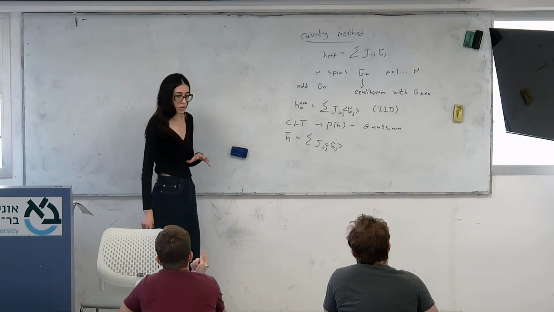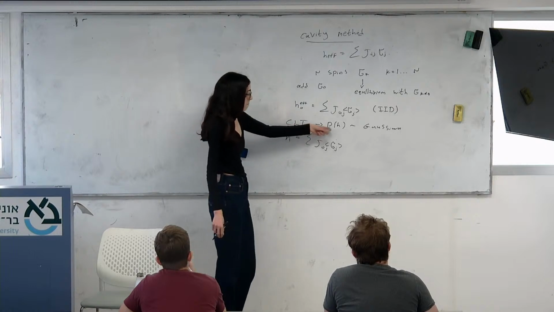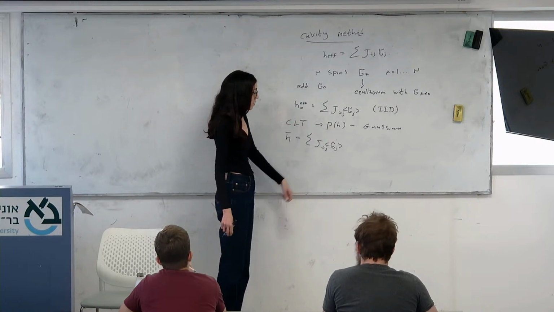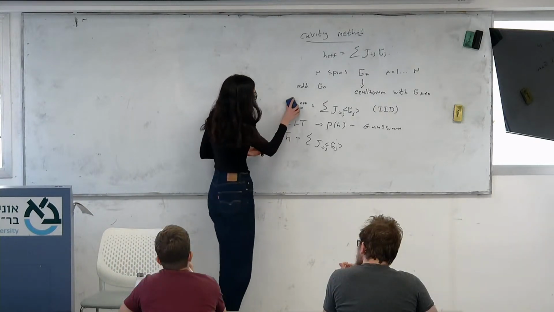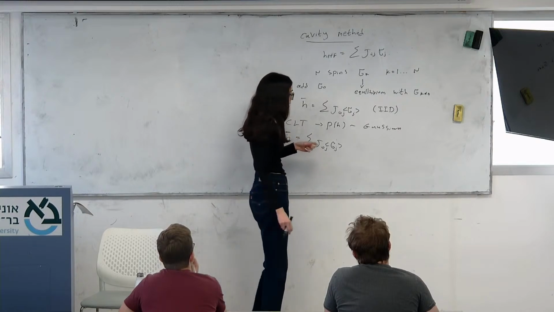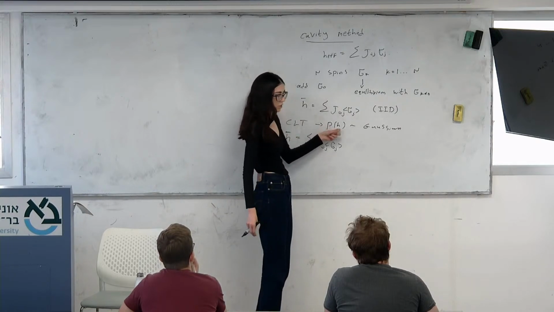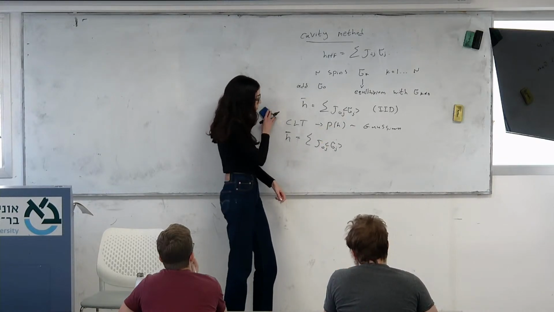P of H is the distribution of this average field. This is the average field, and this is the value of the field in general.